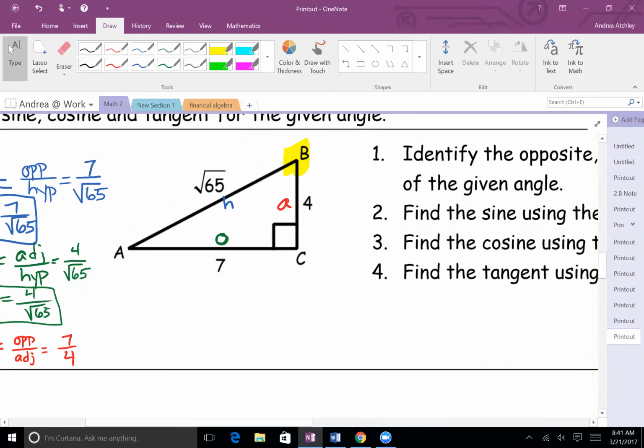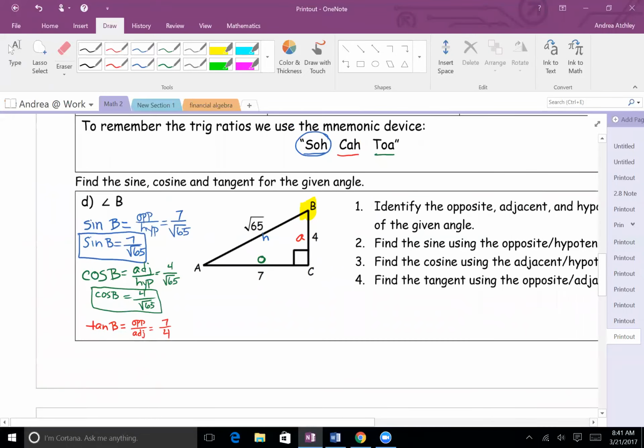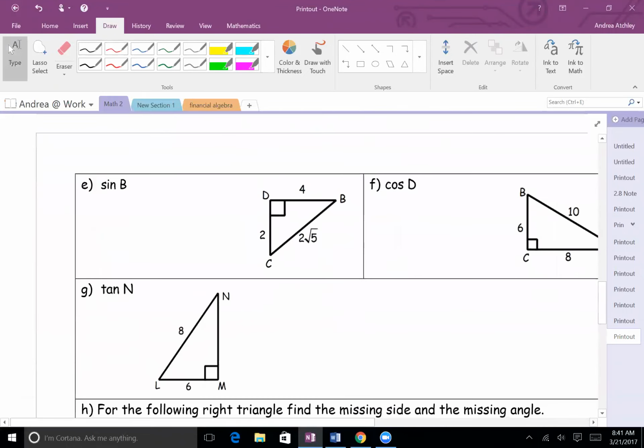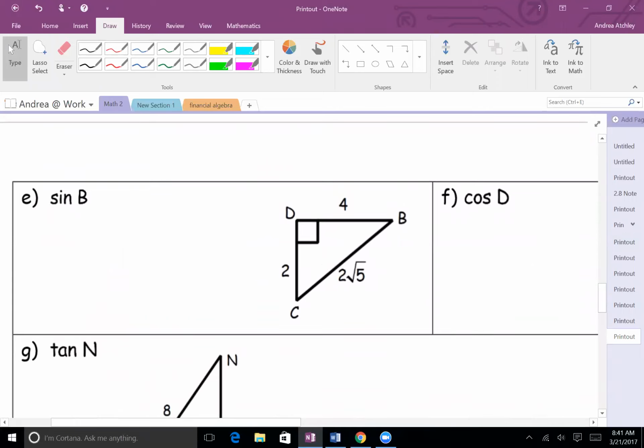Questions? We got this? It's pretty easy so far, right? Okay. We're gonna continue it. Now we're just gonna find sine of B. So your first step is to label. Label opposite, adjacent, and hypotenuse.